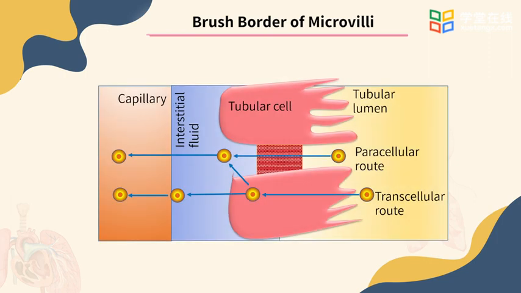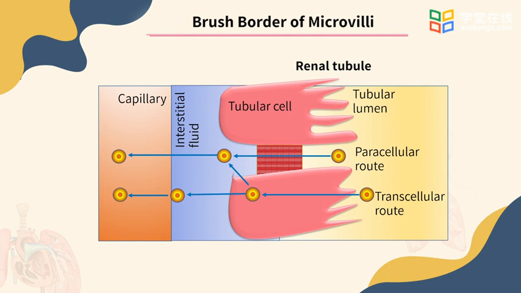Renal tubules are lined with epithelial cells, which are specialized for tubular reabsorption and secretion. The cells lining each segment have a different outer structure, which determines their characteristic functions.